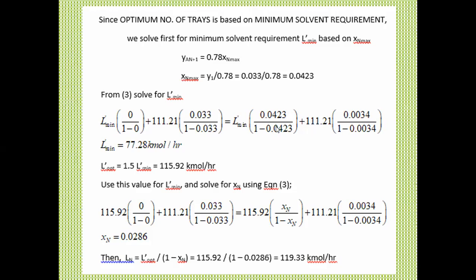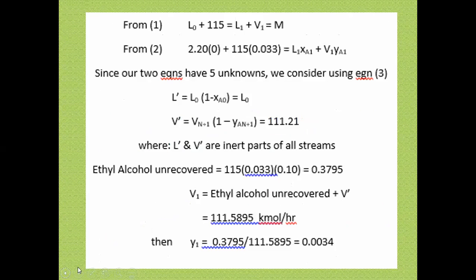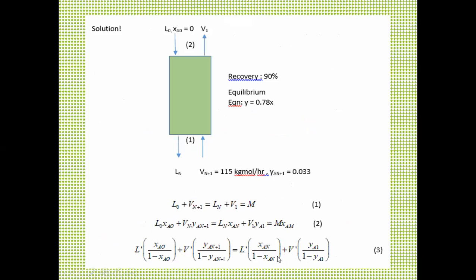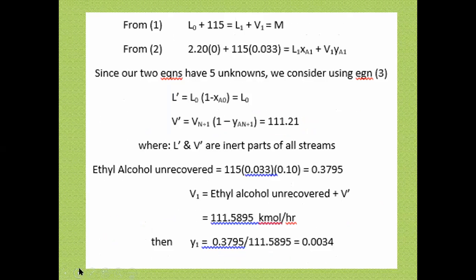So this X sub n maximum that we have solved based on the equilibrium equation will be the one that we will substitute in here, in the original equation for component balance using inert streams. So you need to determine the X sub n maximum and place it in here. That way you can solve for the minimum solvent requirement.